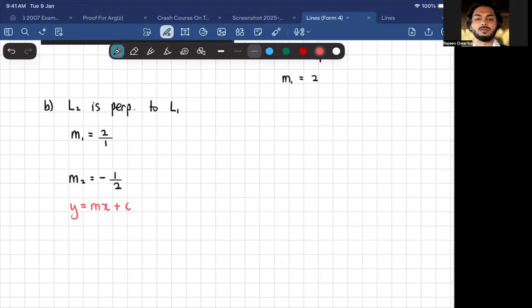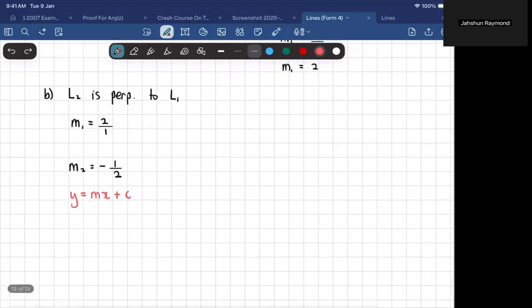Did we find anything yet for this? Joshon, do we know any part of this equation so far? No, sir. We just now found M, sir. M, yes. I just now found M2, which is the gradient of L2, right?